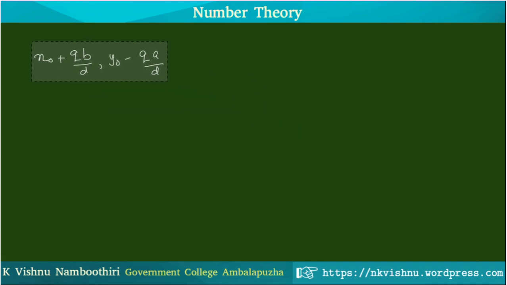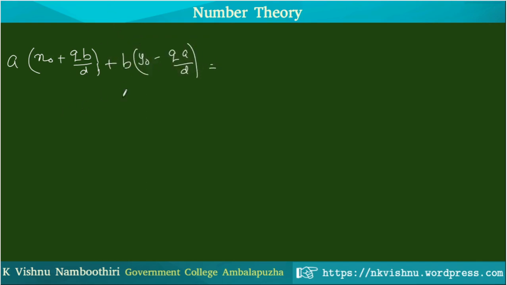So we will just try to substitute these numbers into the equation. a into x0 plus qb by d, plus b into y0 minus q a by d.